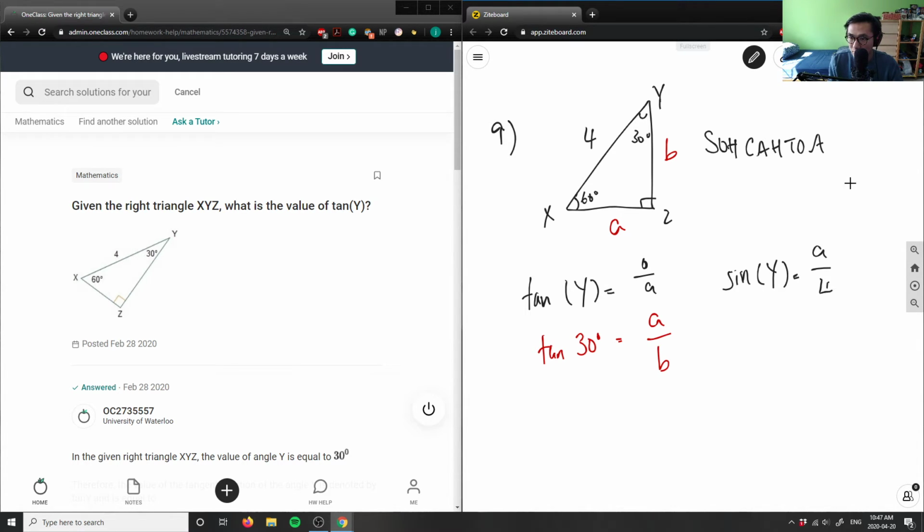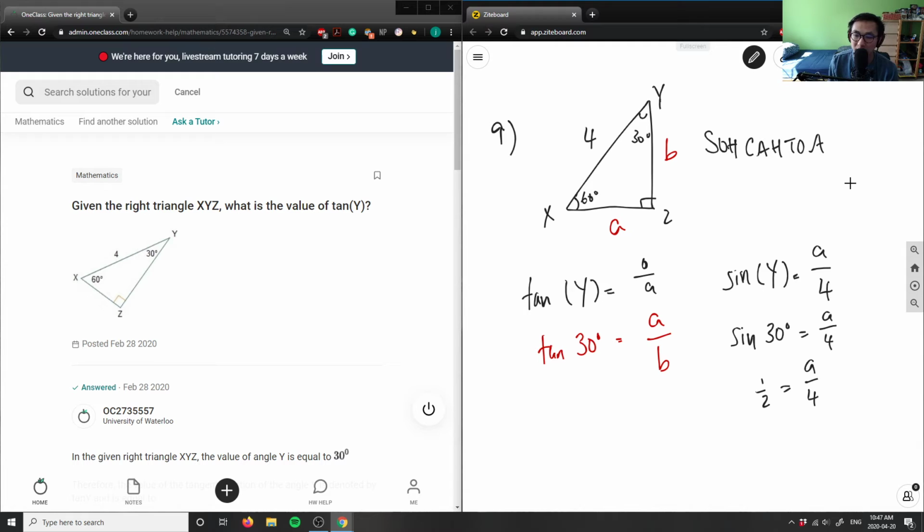Opposite over hypotenuse, which is 4, A over 4. Sine of y here is, I know, sine 30 degrees equals A over 4. And I can plug in sine 30 into my calculator. If I do sine 30 in my calculator, I would get half. So sine 30 equals half, or half equals A over 4.